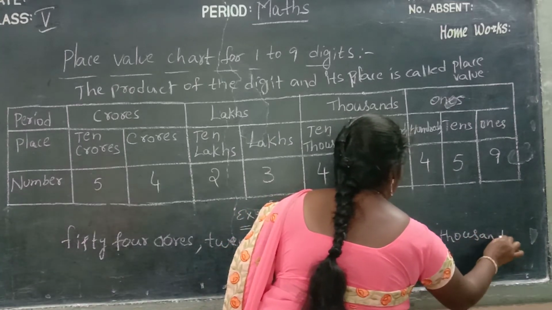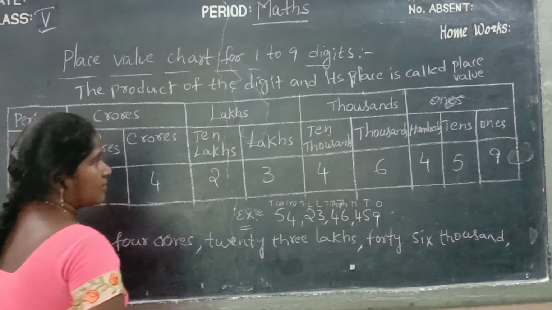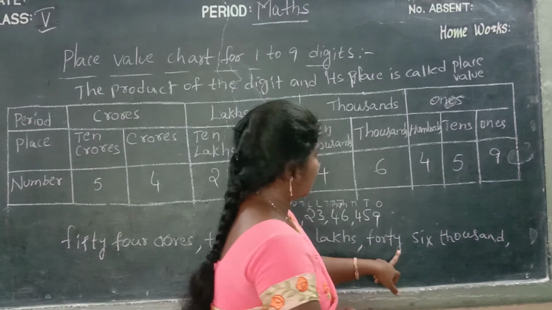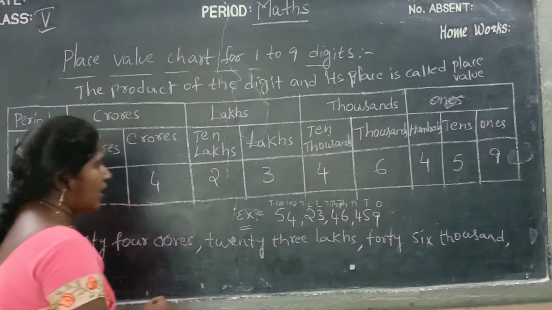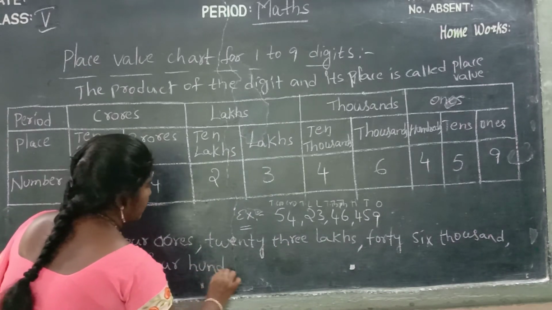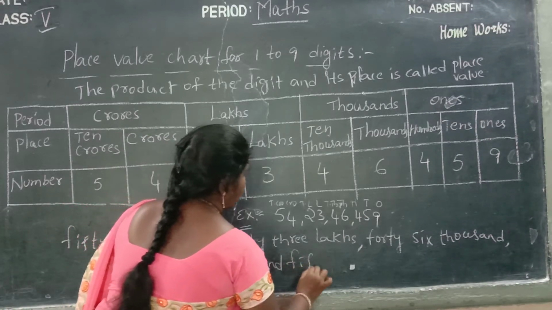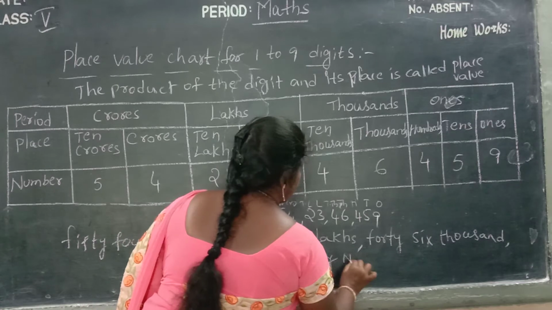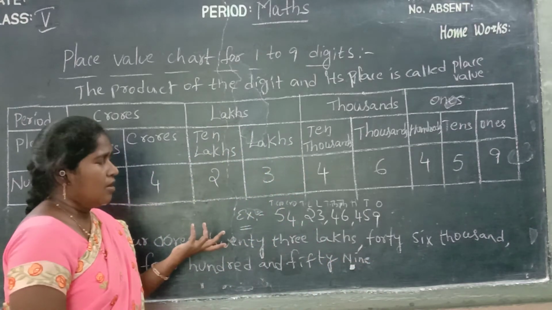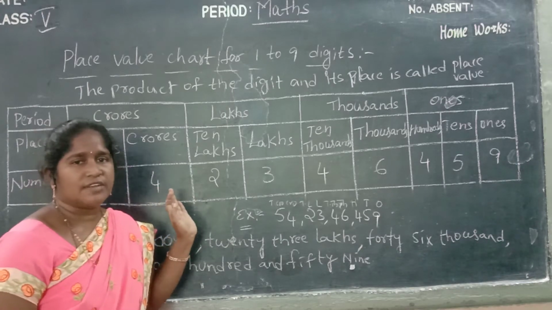And next goes to the hundreds place. 459. See, children, how to write the given number? How many digits do we have? Then write it with the help of the place value chart, children.